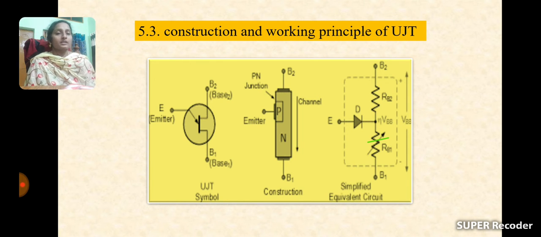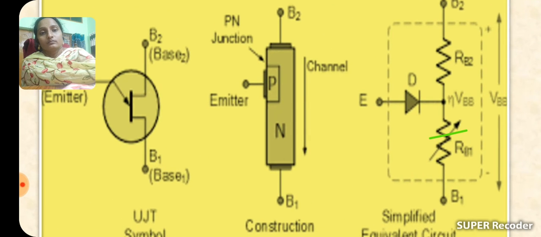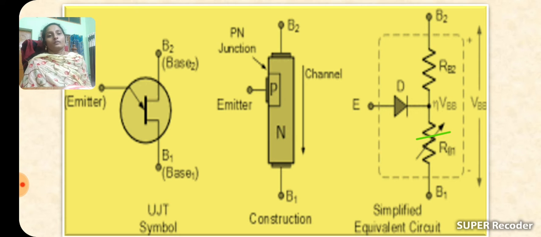All of you observe the symbols. In a transistor, three terminals are there; generally transistors are made with emitter, base and collector. But here the transistor is made with only two terminals, emitter and base.